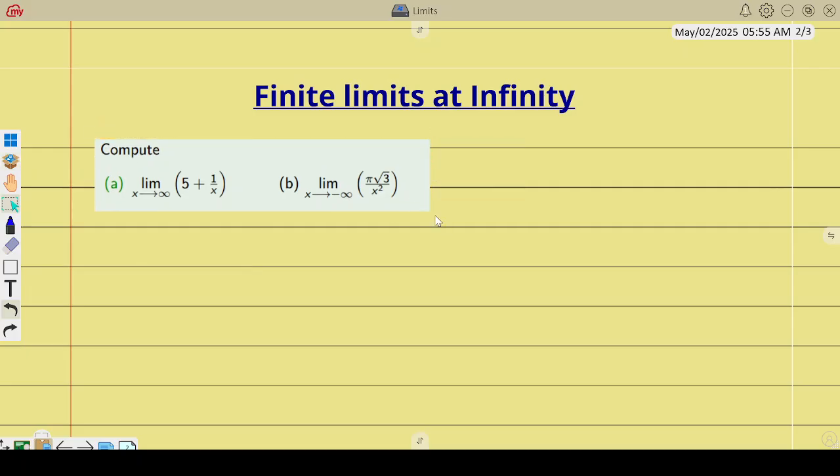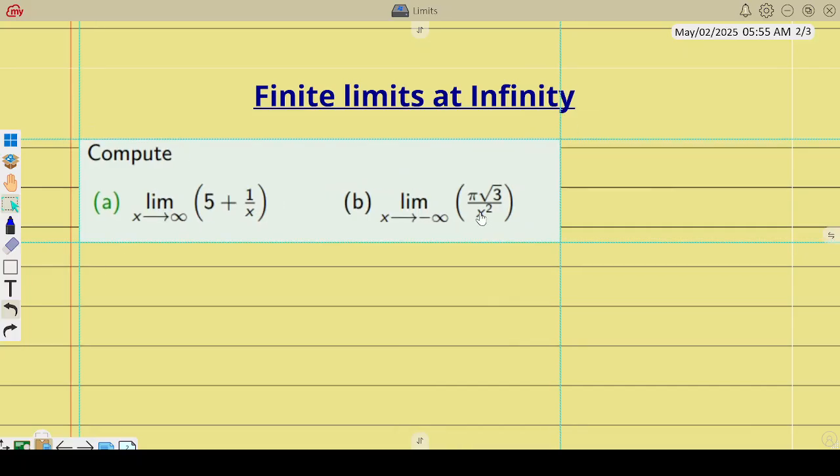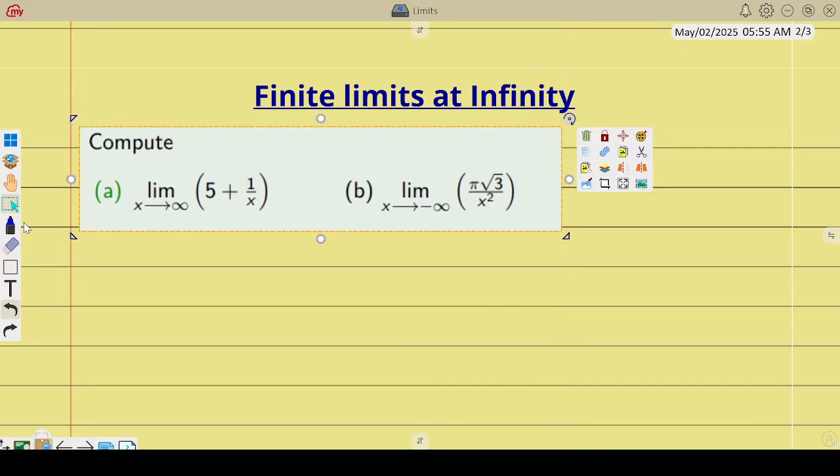So this is an example we're going to have dealing with infinity. Let's compute the limit as x approaches infinity of 5 plus 1 over x. So remember, we just substitute. When you substitute, we're not going to bring down the limit as x approaches infinity.